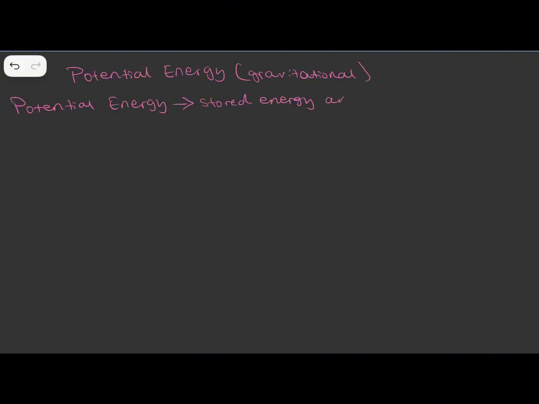So we have talked about kinetic energy, and now it is time to discuss potential energy, and especially gravitational potential energy. All right, so firstly, what is potential energy? Potential energy is the stored energy an object has due to its position.